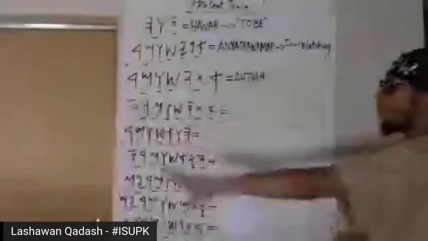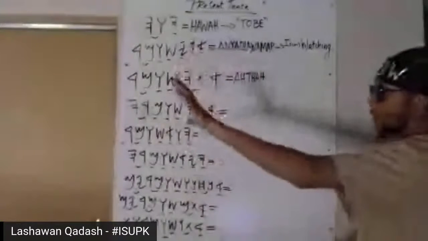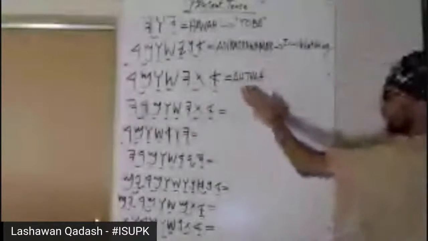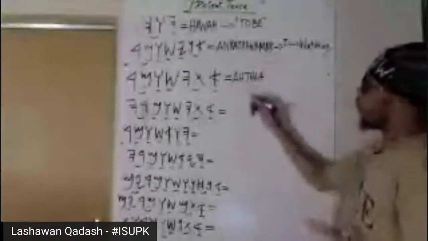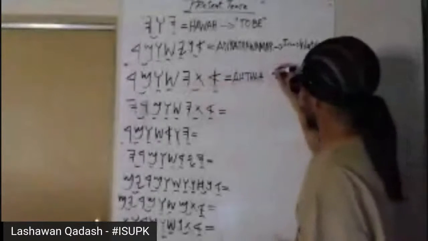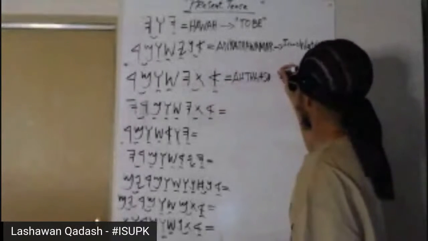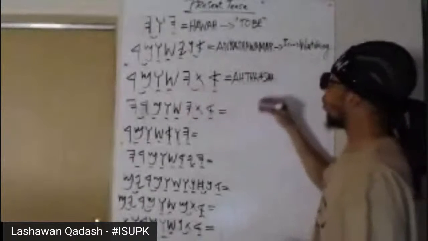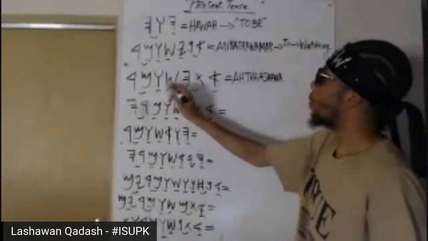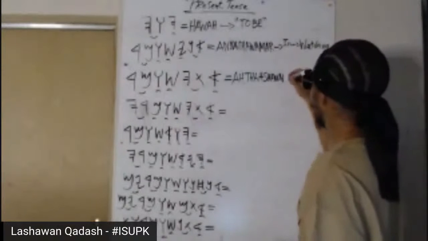Now, as you see, we did the pronouns, but we are transitioning into the present tense. Atha, which is you. And then you have the sh by itself, the wa by itself, then the ma and the ra, which is mar.